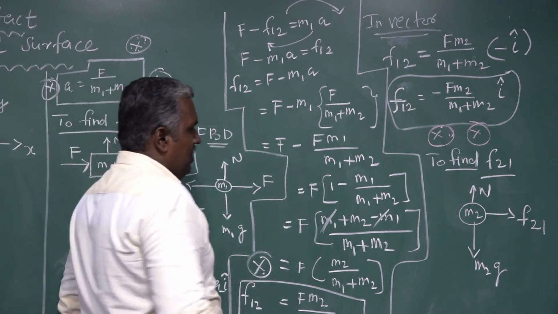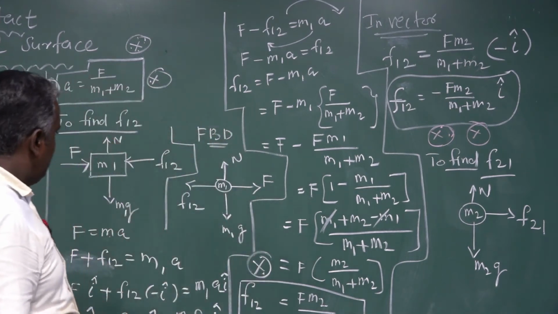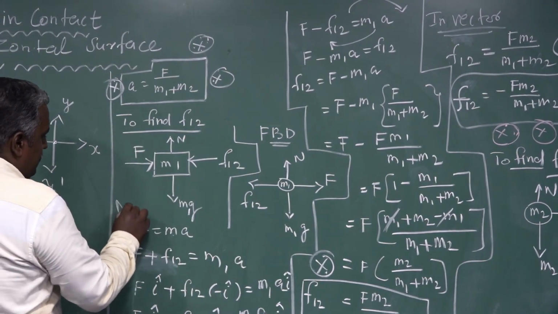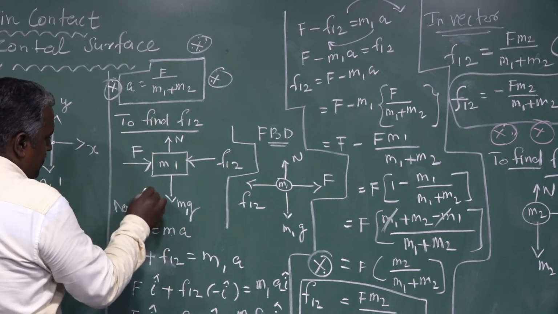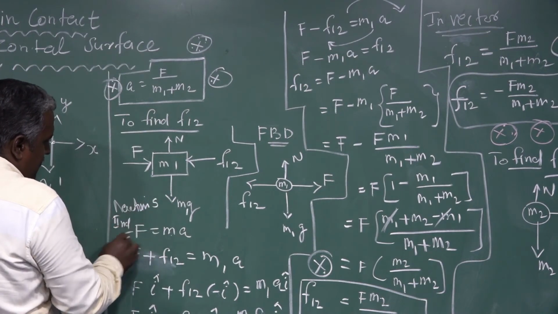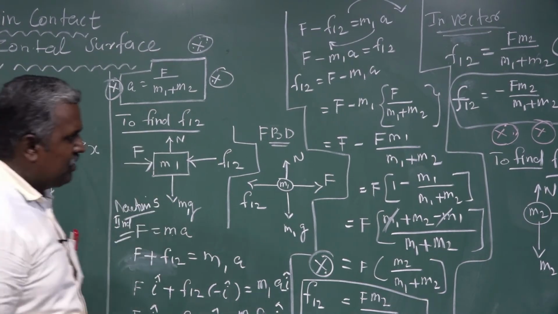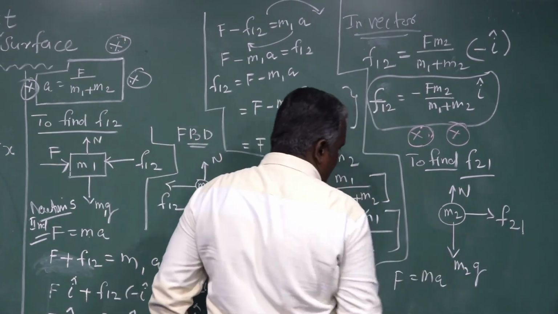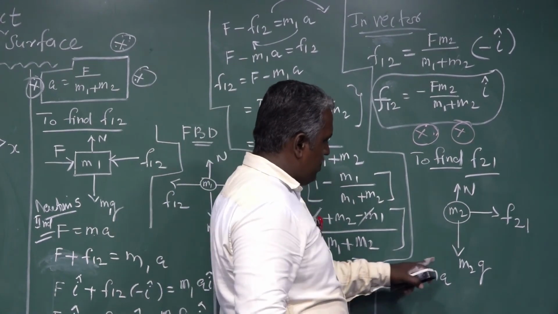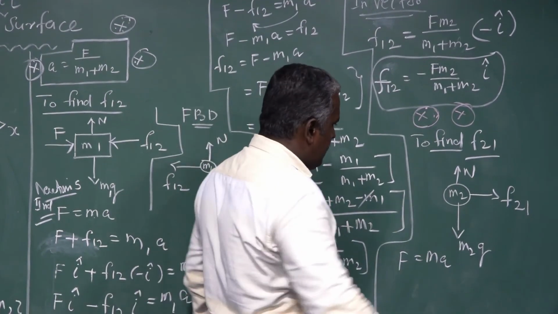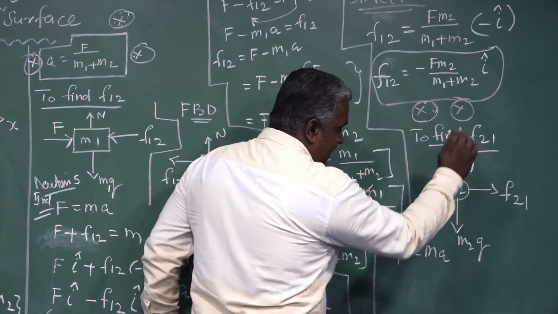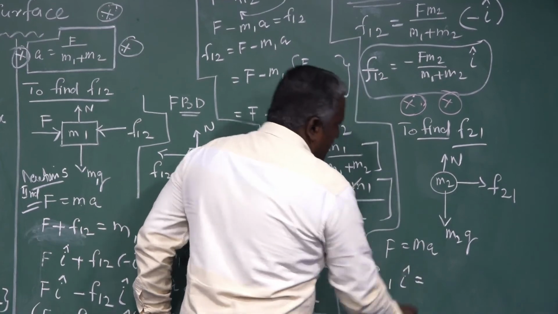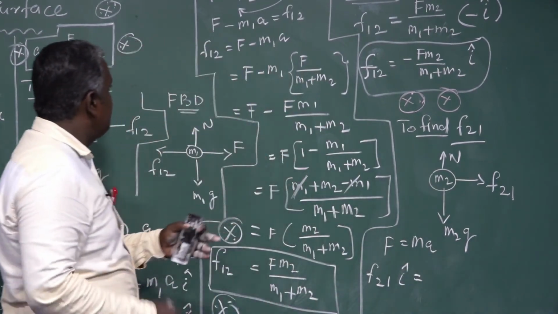So how do you find the F21 value? Again with the help of Newton's second law: F is equal to ma. Total force, total mass, total acceleration. Total force means only small f21 here, along the positive x-axis.